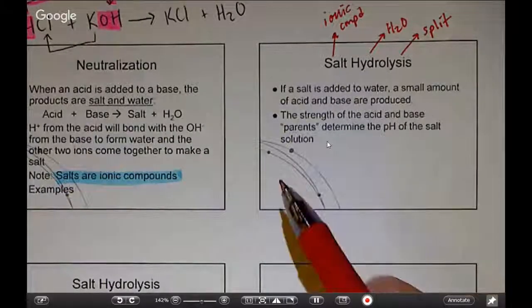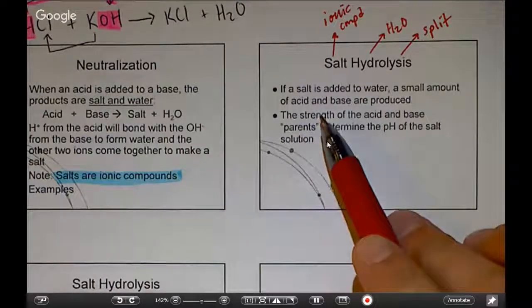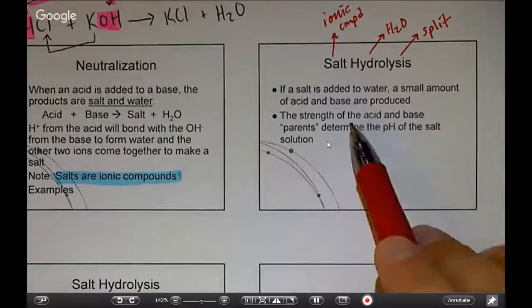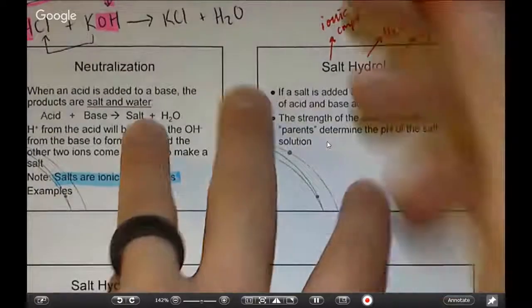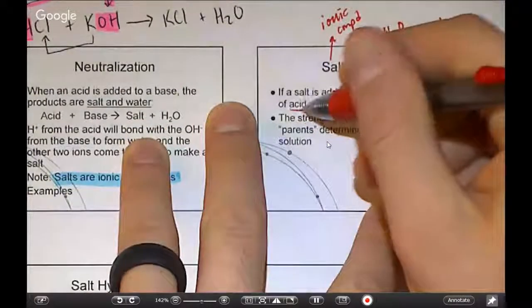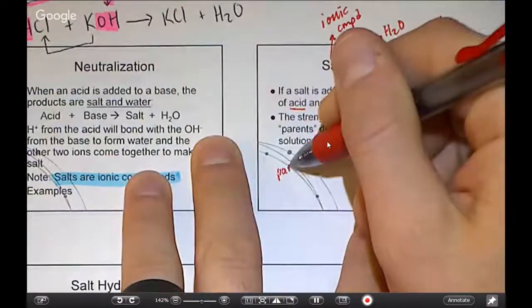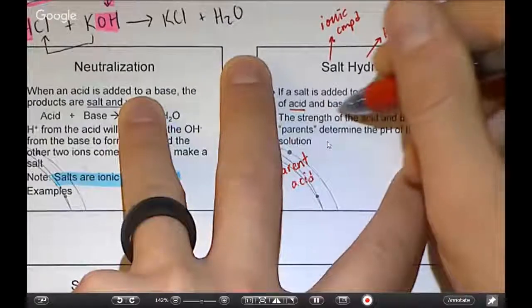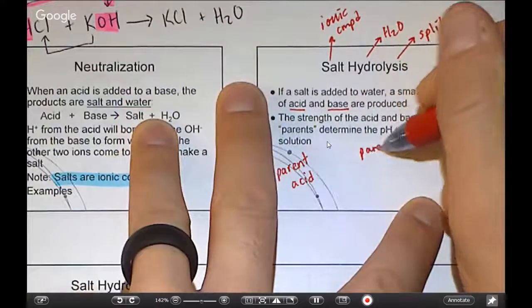So it says in the first bullet point, if a salt is added to water, a small amount of acid and base are produced. Now, the acid part, we call that the parent acid. And then the base part we call parent base.